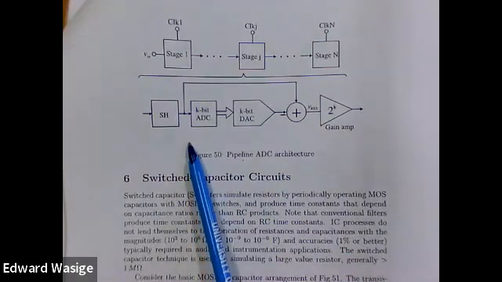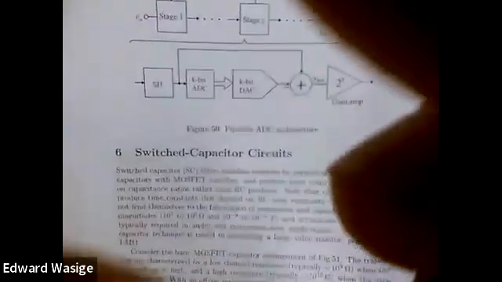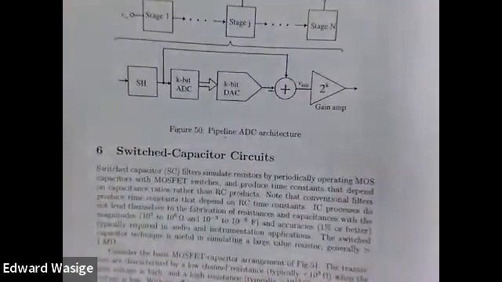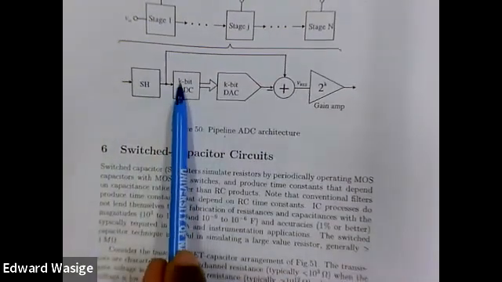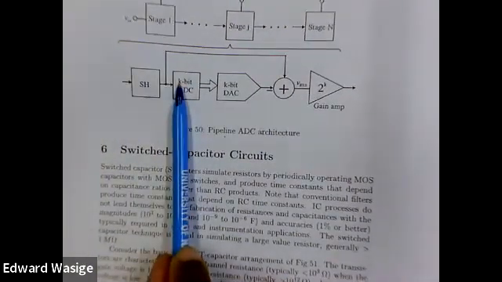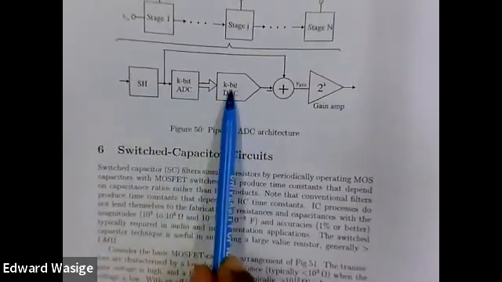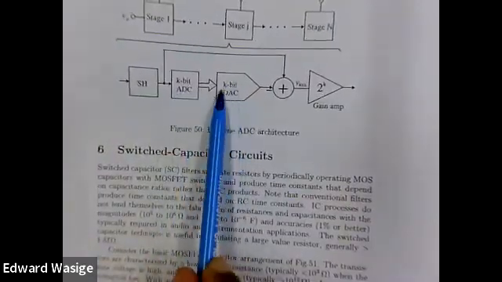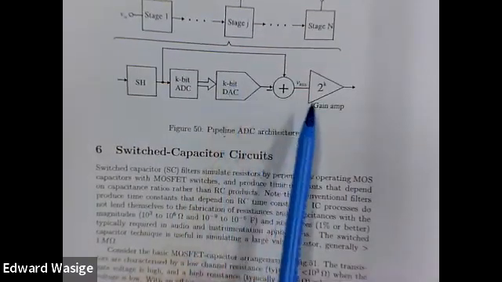So the handout, that's a picture of the pipelined ADC architecture. So we sample and hold, and with the pipeline architecture K would usually be equal to 1. So a 1-bit ADC, which is just a comparator. 1-bit DAC, you want to tell me what nature that takes?